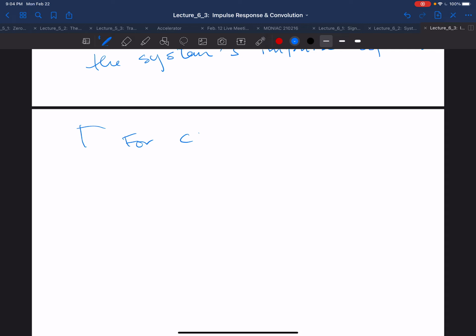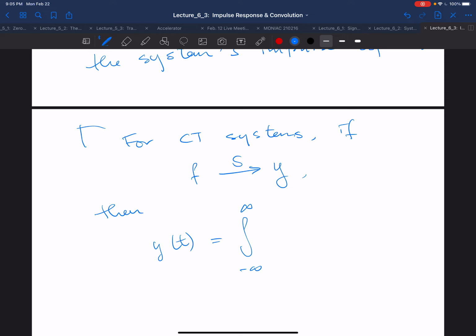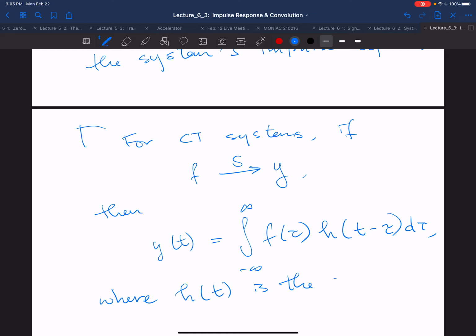So for CT systems, if our continuous time system S maps the input F to the response Y, then Y of t is the convolution, and for now I'm going to write it as the two-sided convolution, of F and H, where H of t is the system's impulse response.